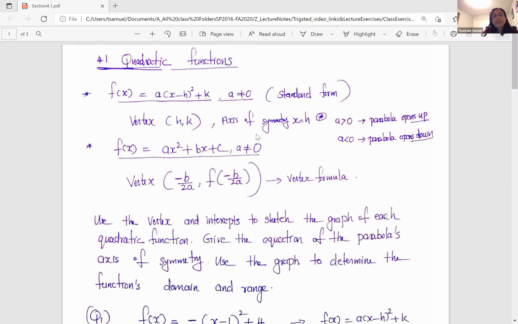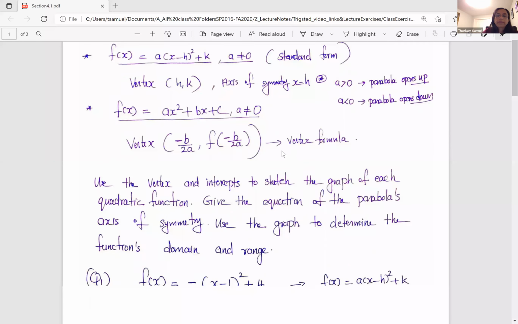For this class, we are going to learn the graphs of quadratic functions that open up and down. In this case, the axis of symmetry is always the x coordinate of the vertex.